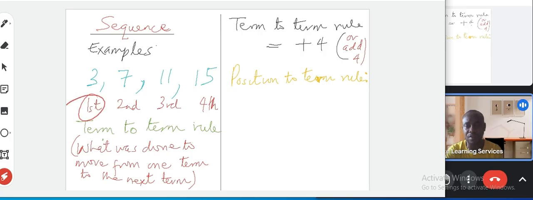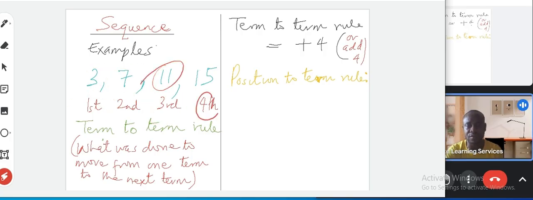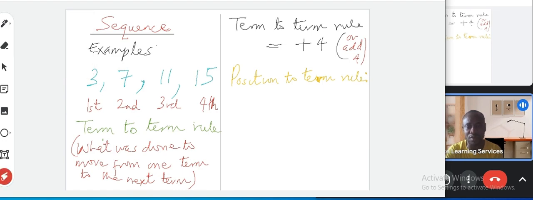Like the first one is 3, the second one is 7, the third one is 11, the fourth one is 15. So how are they related? Add 4? No, that's different. What you are talking about is term to term rule.